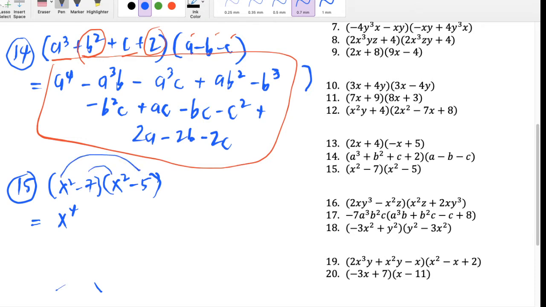Ang answer dyan would be negative 12x squared. Right? Negative 7 times negative 5, that's equal to positive 35. Okay? Guys, pwede yung i-FOIL method, magkakaroon ka ng terms na negative 7x squared minus 5x squared. Okay? Na equal lang din yan sa negative 12x squared. Okay? Number 16.